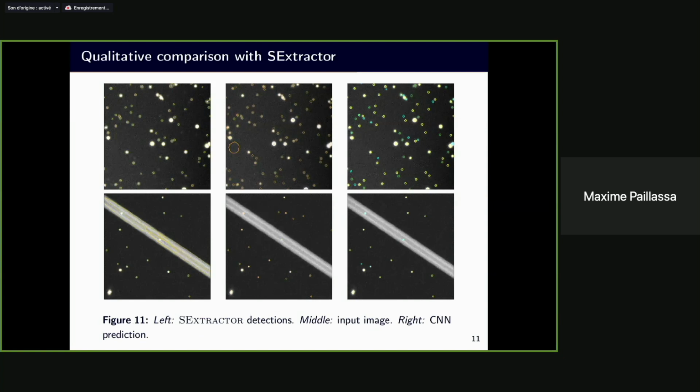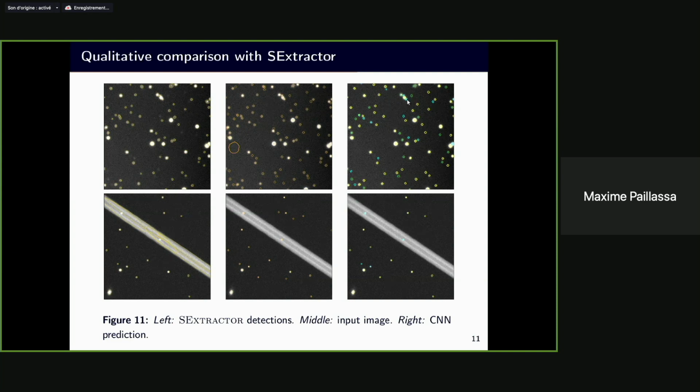After training on thousands of images like this, we can assess qualitative performance on test images. Here I present in the middle a test image with ground truth footprints, on the left the SExtractor detections, and on the right the CNN predictions.